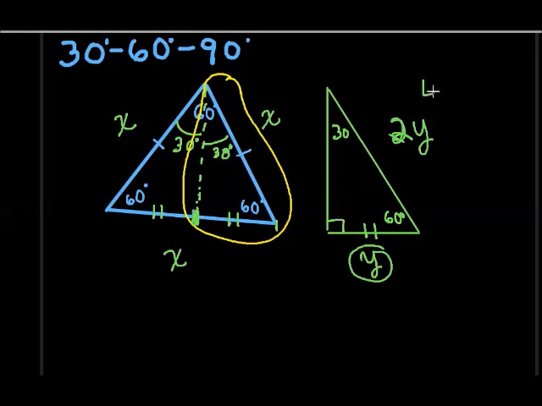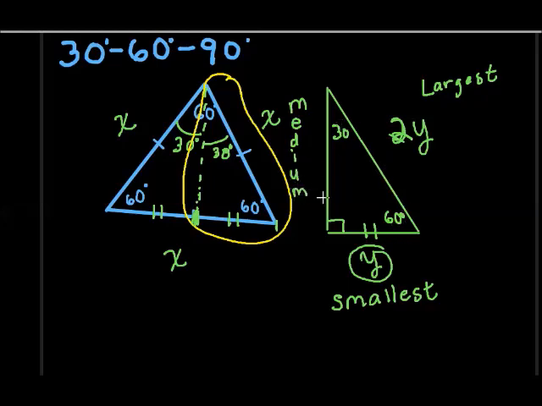So this is going to be my largest. My smallest side is opposite my smallest angle. Well, this is my smallest angle because it's 30 degrees, so this is my smallest side. And then my medium size would be this leg over here on the left. I like to call these small, medium, and large.